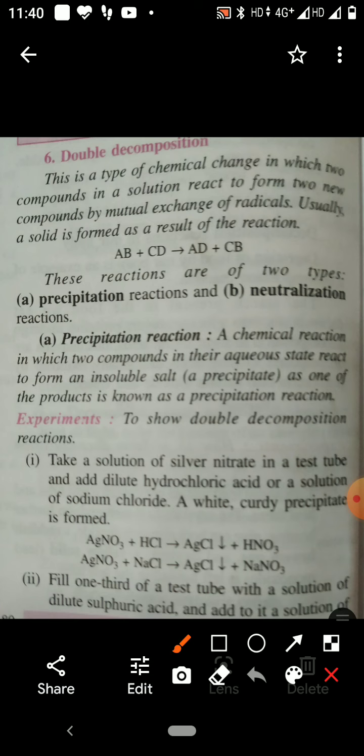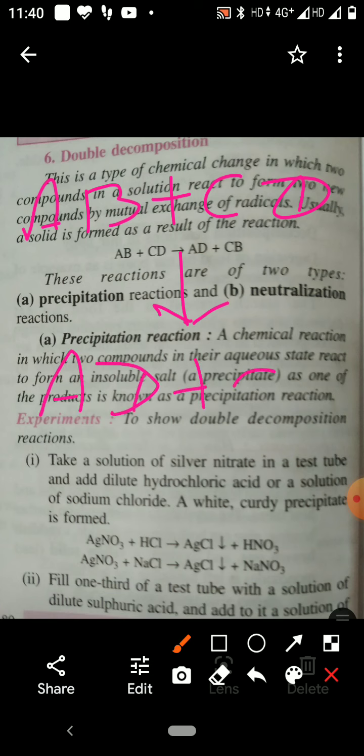You can understand it by taking two compounds, one is AB, the other is CD. Now there is mutual exchange of radicals. So after the mutual exchange of radicals, products are formed: AD and CB.